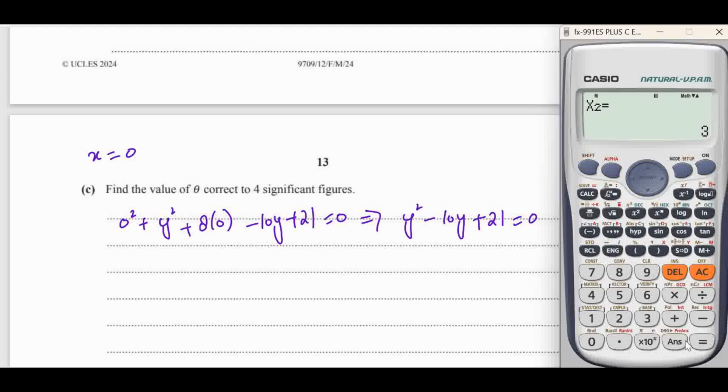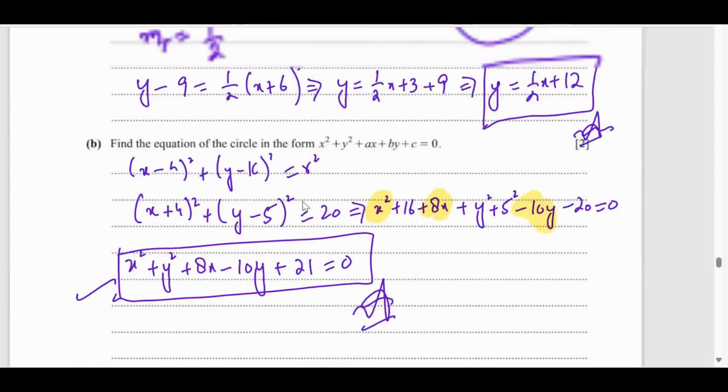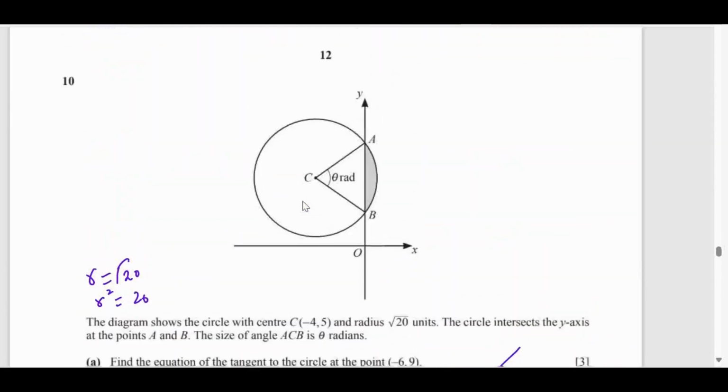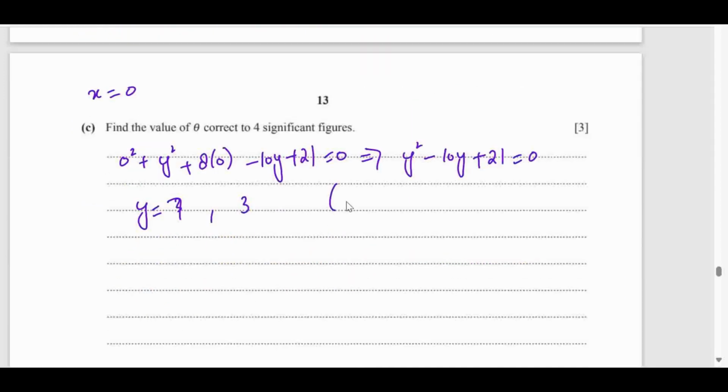So we get y equals 7 and 3, which means we have 2 points, A and B. A is (0, 7) and B is (0, 3).